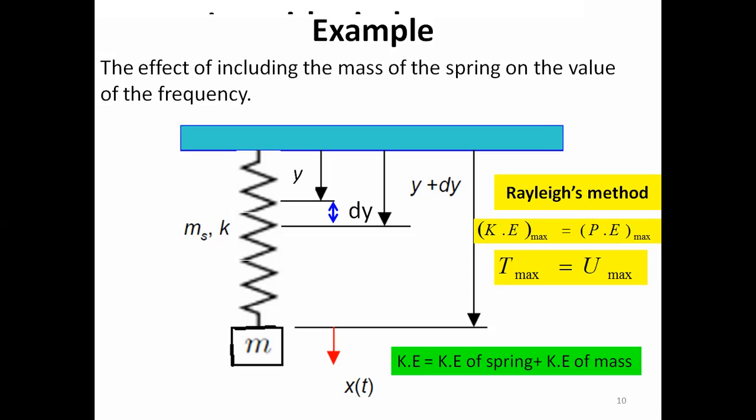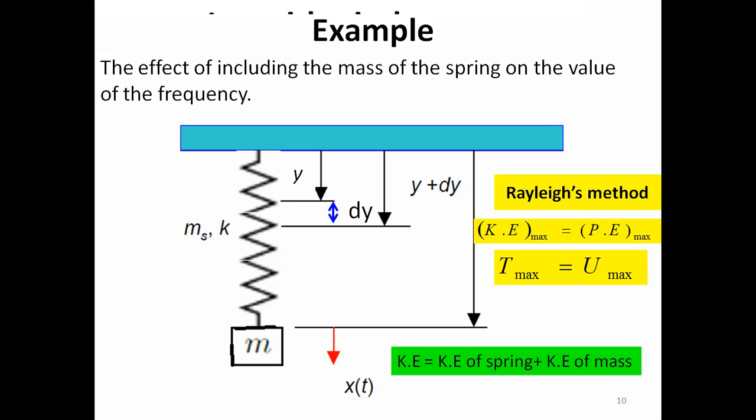But on the other hand, if we have a cantilever beam with a mass of 1 kilogram at the tip of the beam, and the mass of the beam itself is half a kilogram, then if we ignore the mass of the beam, our modeling would have error.